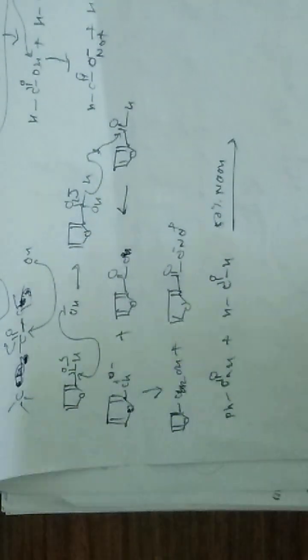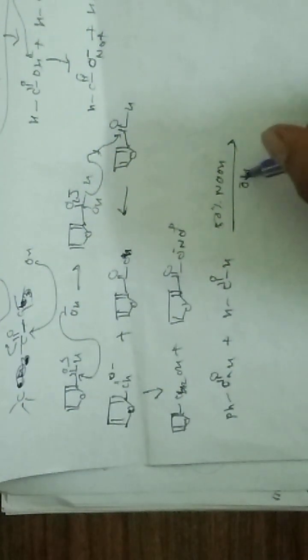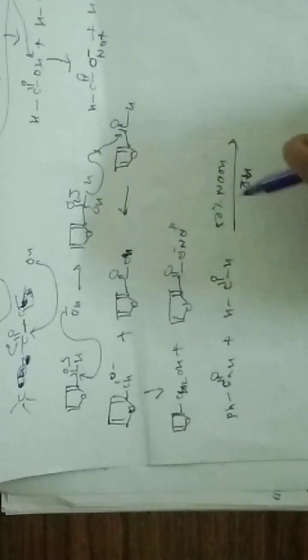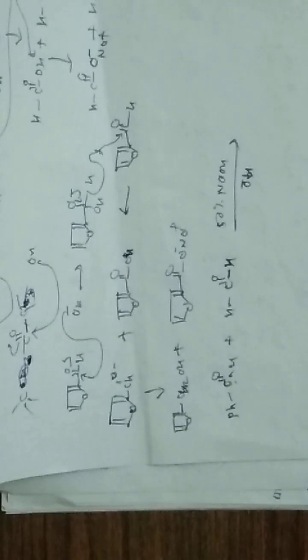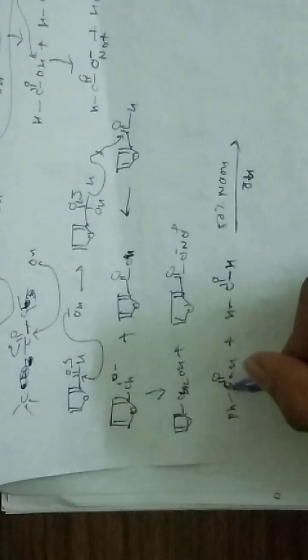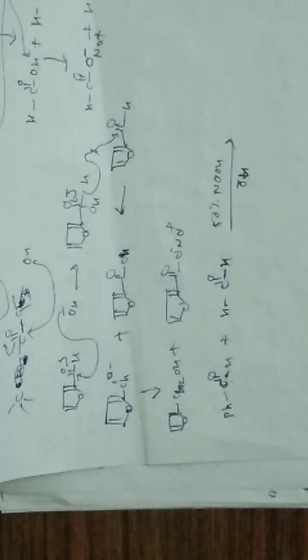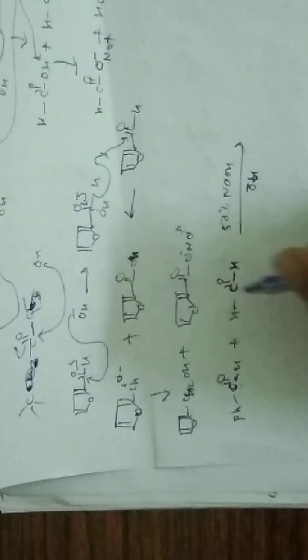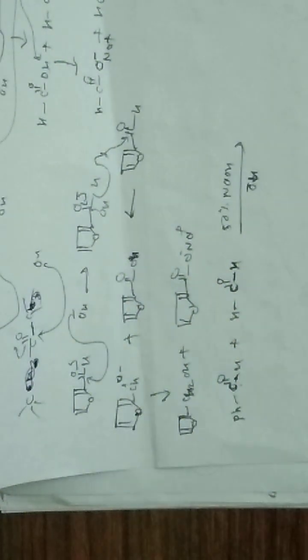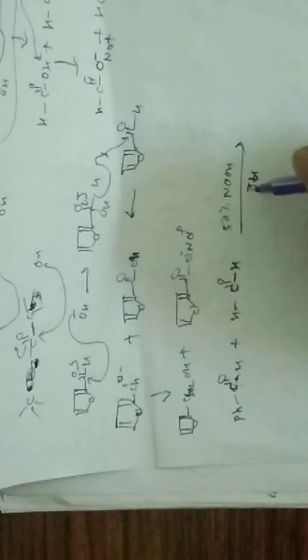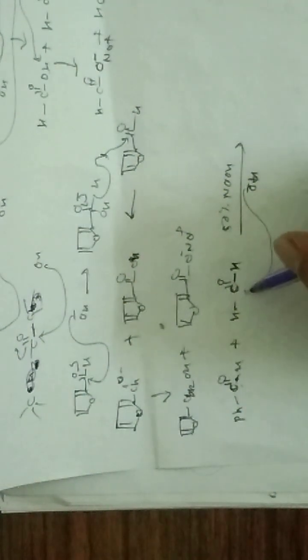OH minus comes from the base. Now tell me, where will it attack, here or here? The dominating factor is steric hindrance. Obviously, the steric hindrance in formaldehyde is less than in benzaldehyde, so it will easily attack the carbonyl carbon of formaldehyde.